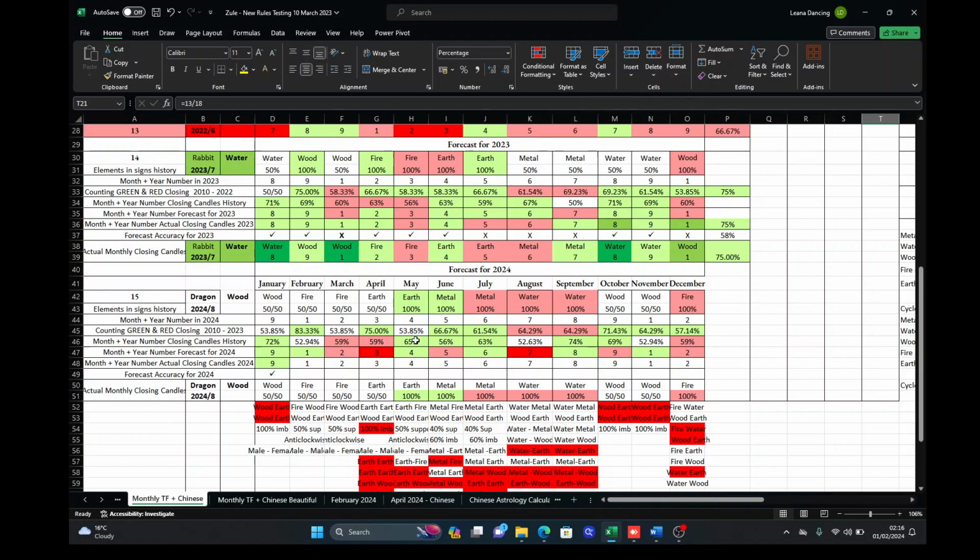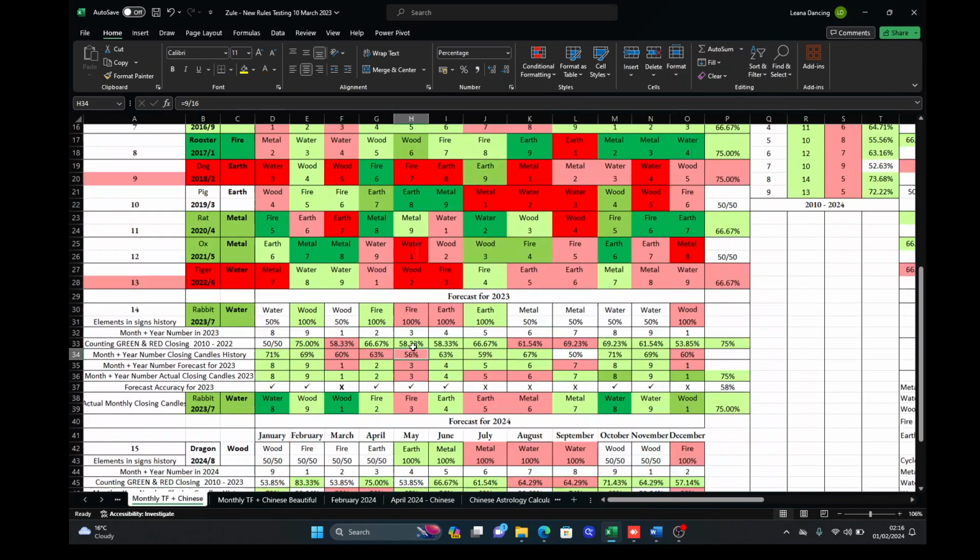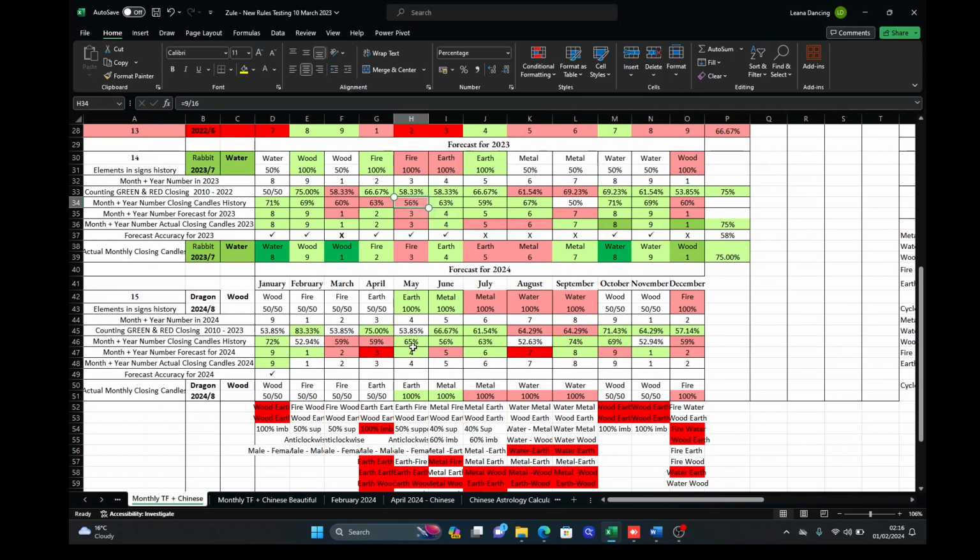So we have several metrics here that are confirming a bullish performance, right? The female earth, then number 4, and then the number of green closing candles, which is another metric that I use, is 65%.